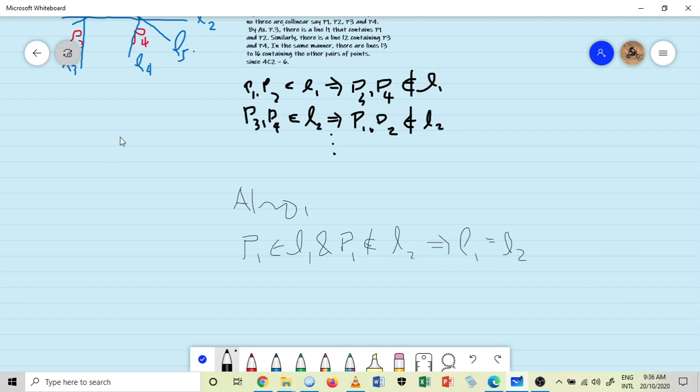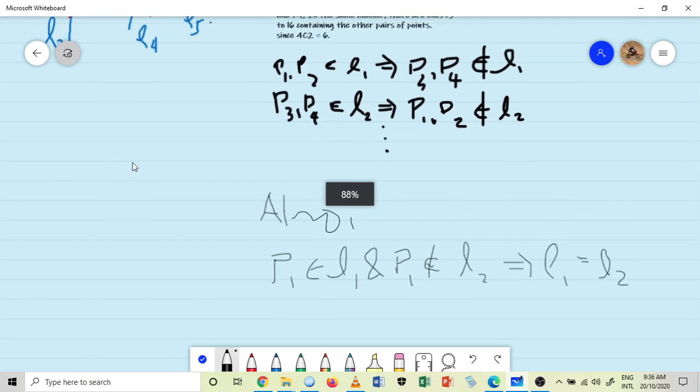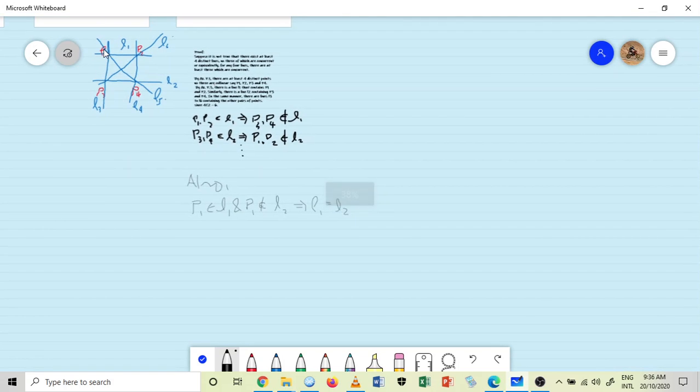As we see here, here is P1, it's contained in L1, and here is L2, not containing P1, meaning L1 is different from L2.